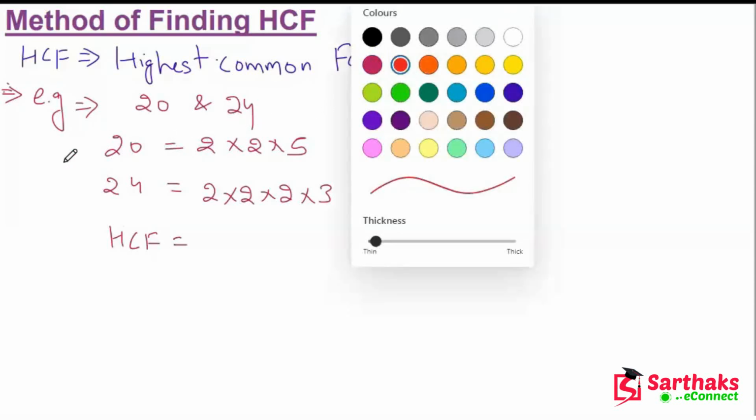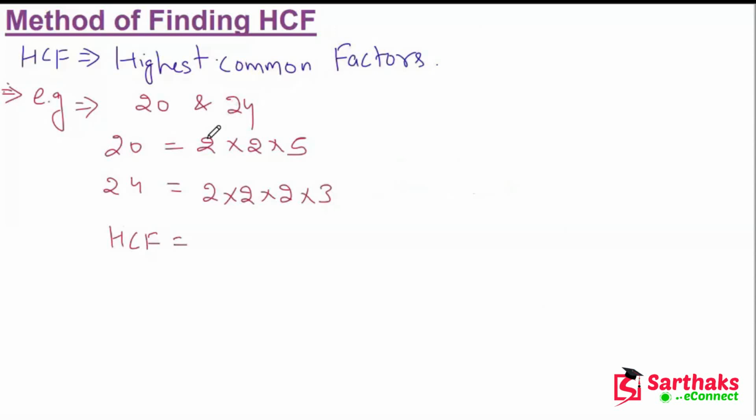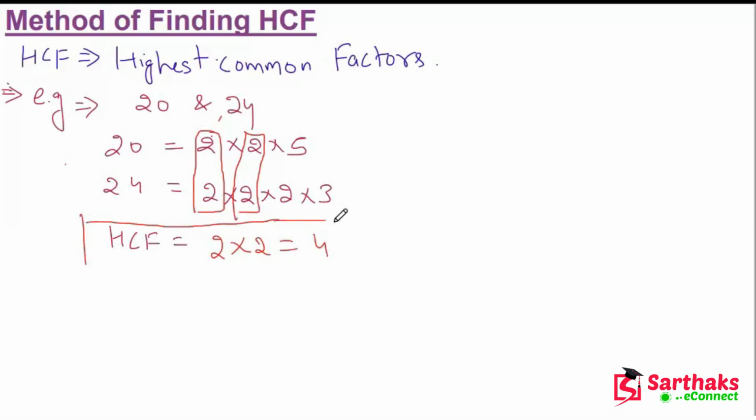The common parts are, first, these two, and the second, these two. We will write here 2 into 2, and the result is 4. So the HCF of 20 and 24 is 4.